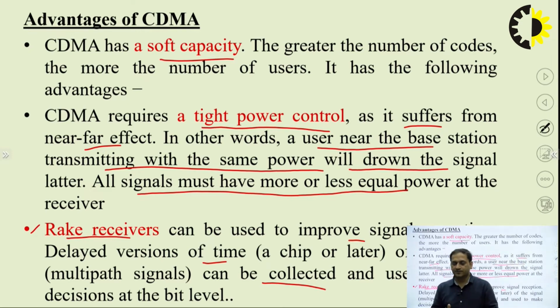As in the previous case, when we were discussing the spread spectrum modulation technique, we discussed that at the transmitter side we multiply the bits with the PN codes, and then we modulate with a different frequency. At the receiver side, again we multiply with the PN codes, and then we use demodulation, again with a different frequency. Then we receive the signal at the decision making device, which is the threshold.